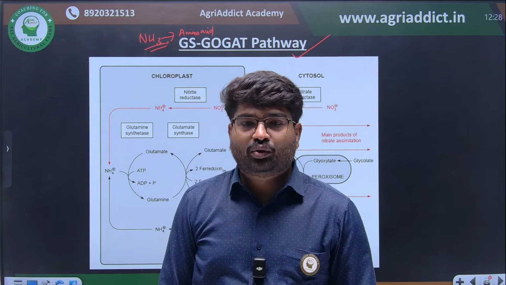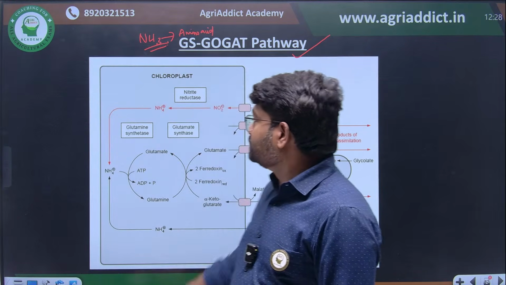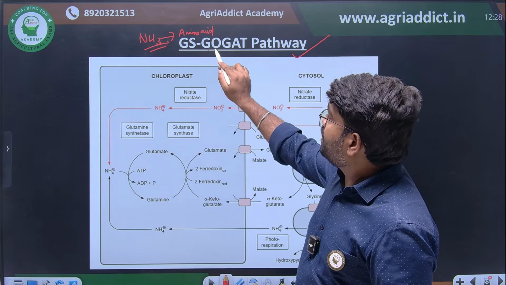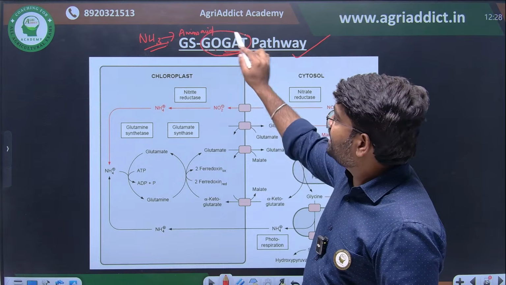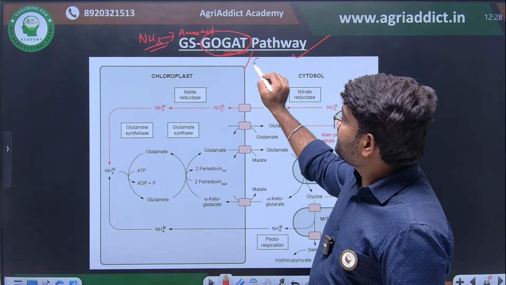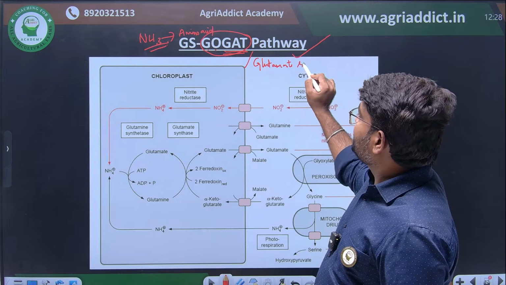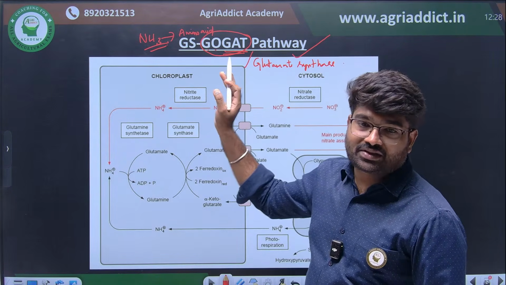GS means glutamine synthetase. GOGAT means glutamine 2-oxoglutarate aminotransferase. This we have already discussed in our class. Or else we can also say glutamate synthase. You just revise once. This is the key question they are going to ask.